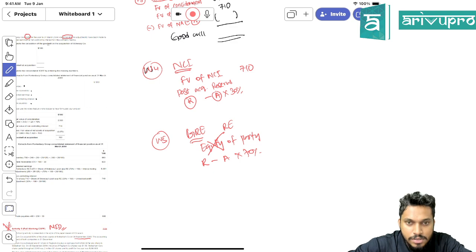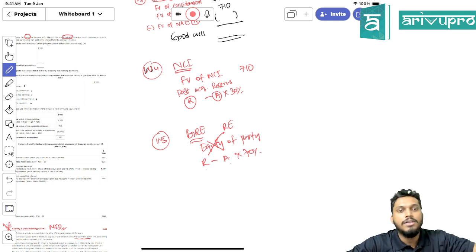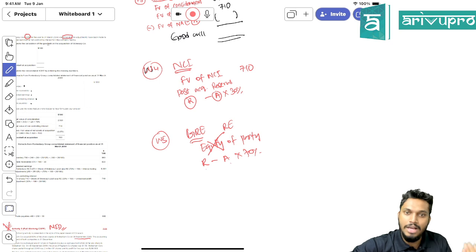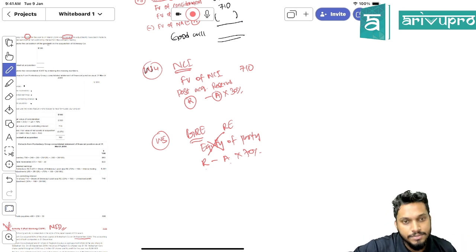That is your post-acquisition reserves, right? The difference between reporting and acquisition date is your post-acquisition reserves. After purchasing, what are your reserves? Post-acquisition. So at the reporting date this much, at the acquisition date this much. So the difference between them will be your post-acquisition.